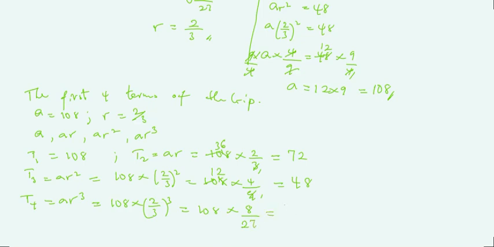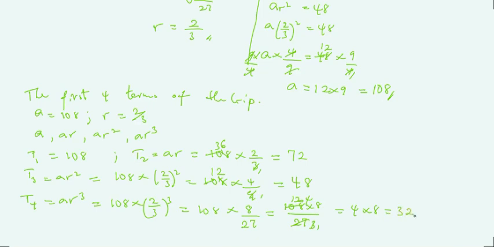So here we now have 108 times 8 divided by 27. Since 9 goes into 27 3 times, and 9 into 108 you have 12. 3 here 1, 3 here 4. So we now have 4 times 8, and 4 times 8 is 32.